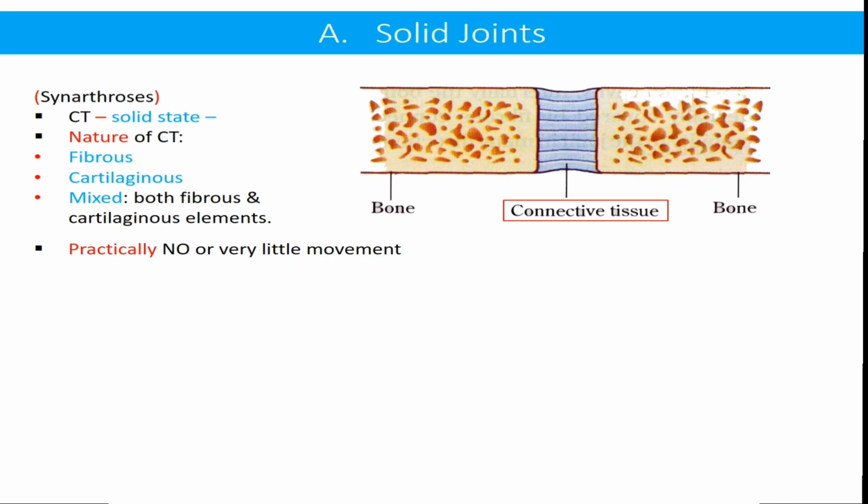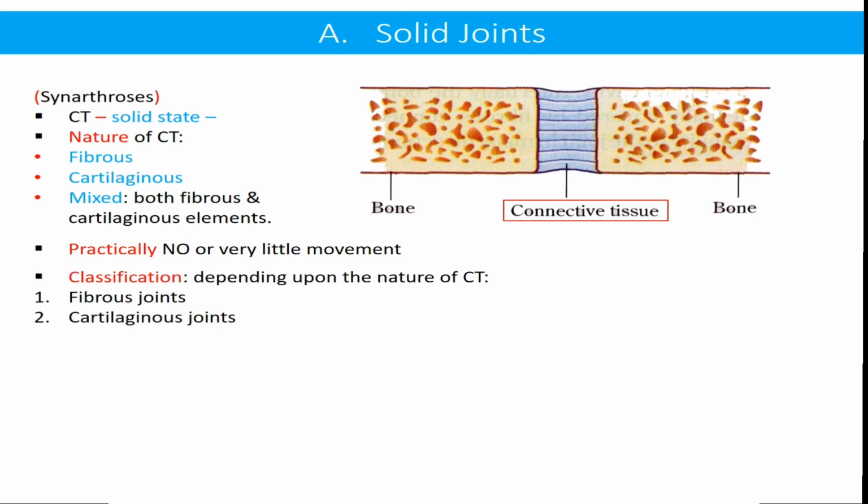Practically no or very little movement is possible in these joints. Their classification depends upon the nature of the connective tissue between the bones. Hence, they are classified as fibrous joints and cartilaginous joints.